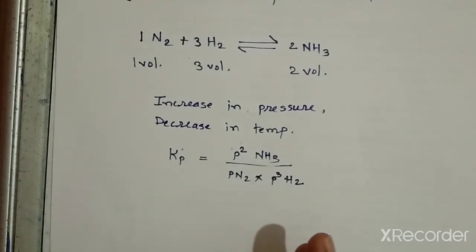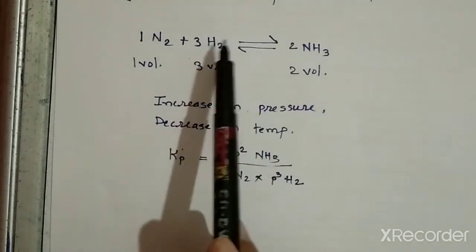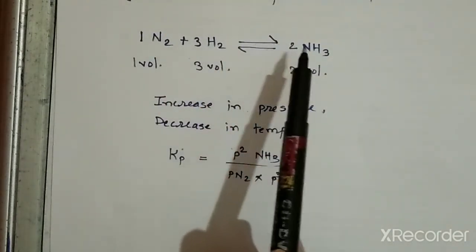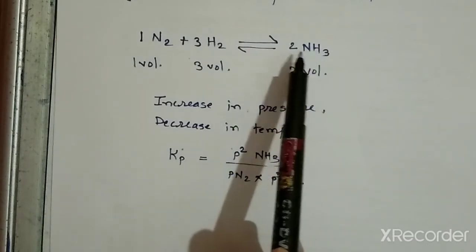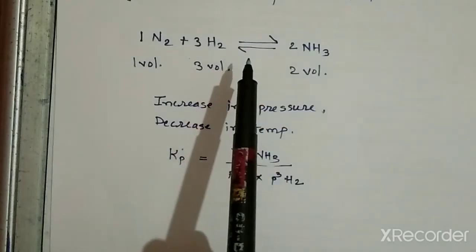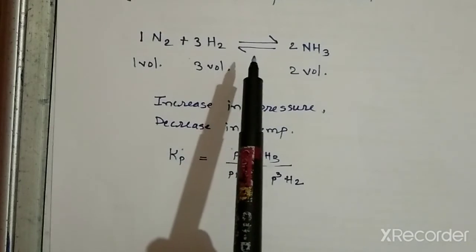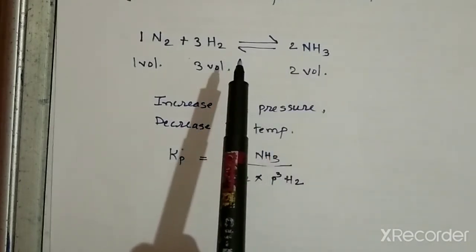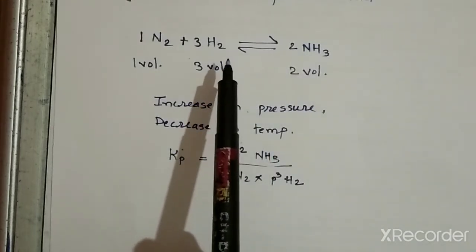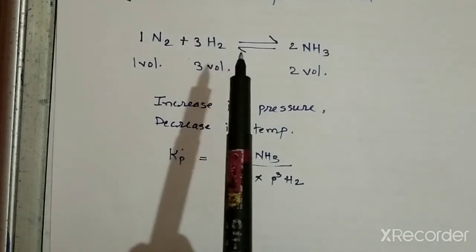If we increase the pressure, the equilibrium will shift towards the right side. When it shifts towards the right side, it increases the proportion of ammonia and favors the formation of ammonia, and a reasonable percentage of ammonia is found in the equilibrium mixture.